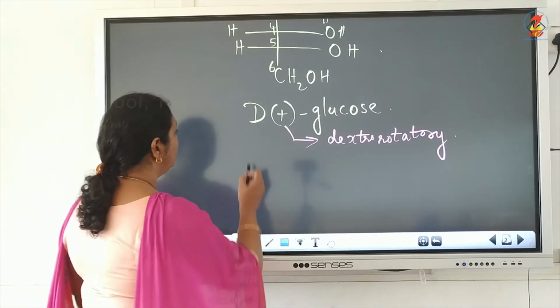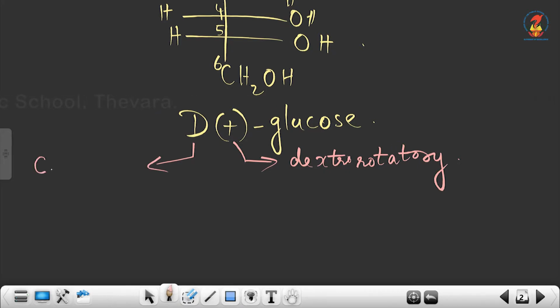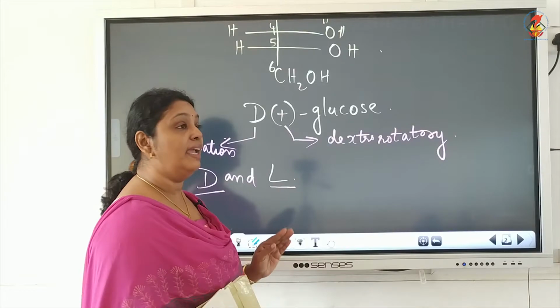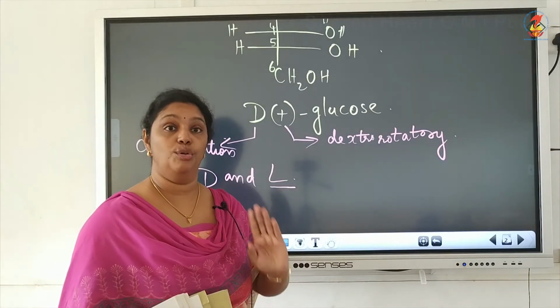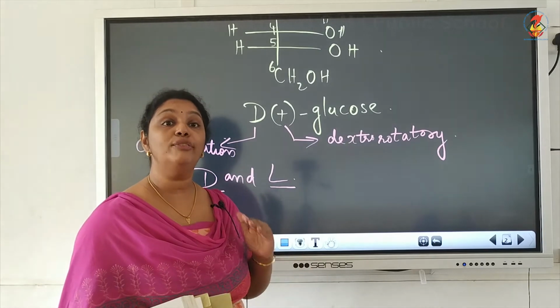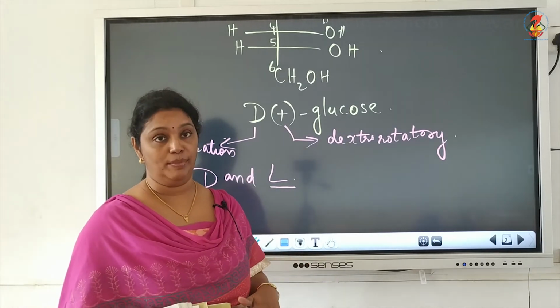Now, capital D means it is a configuration given to a compound. We have capital D and capital L configurations given to a compound. So this capital D has nothing to do with dextro or optical activity. This capital D is the configuration given to an organic compound.